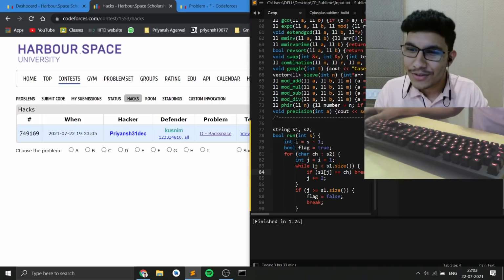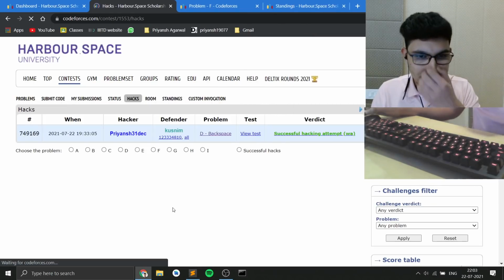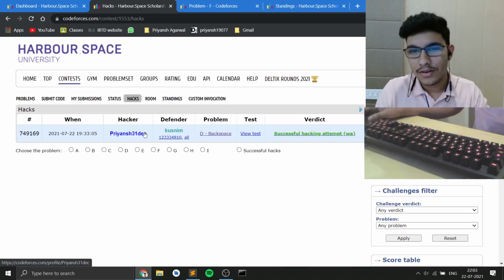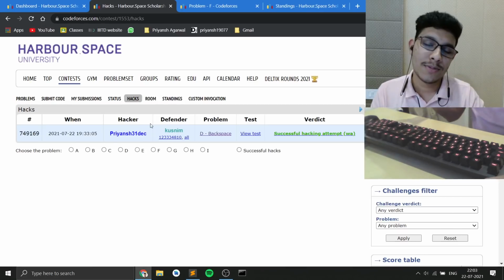Okay, so I think I found the test case that is not working for most of the solutions here. What they're doing is that they're not testing that the last part has to be even as well.